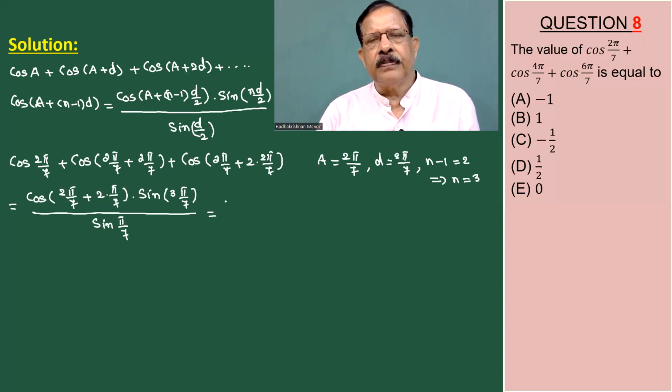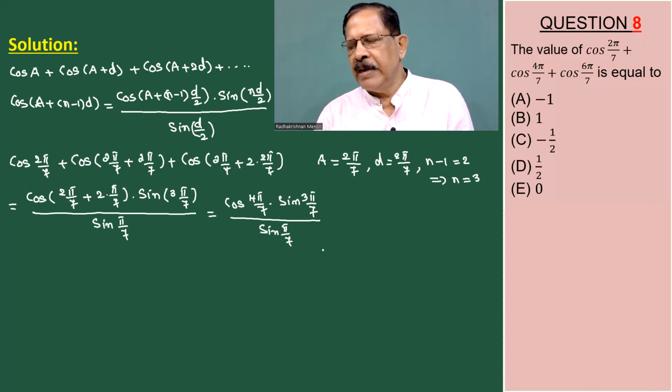So this is equal to cos(4π/7) · sin(3π/7) divided by sin(π/7). Numerator again we are simplifying.